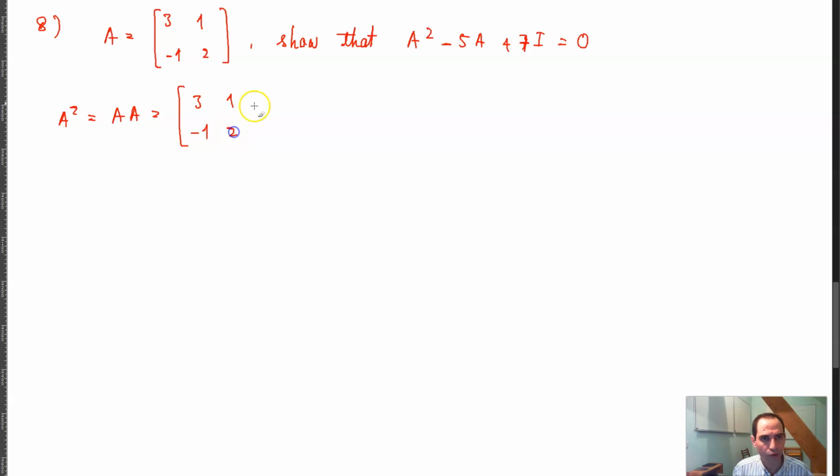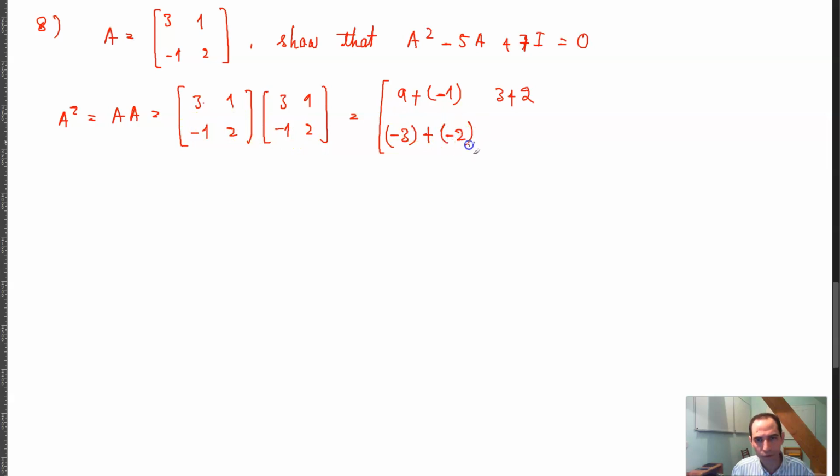times the same matrix, 3, 1, negative 1, and 2. And therefore you have 3 times 3 is equal to 9, and 1 times negative 1 is equal to negative 1. Then you have 3 times 1 is equal to 3, 1 times 2 is equal to 2. And then you have negative 1 times 3 is equal to negative 3, and 2 times negative 1 is equal to negative 2.